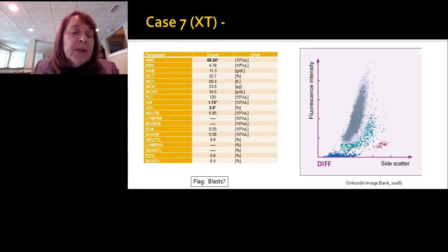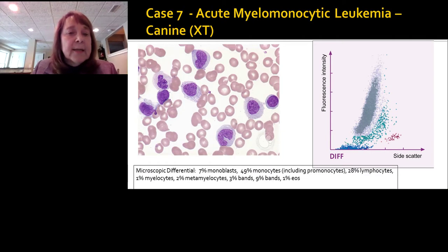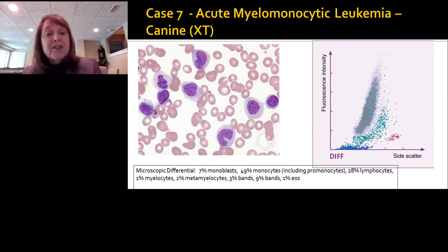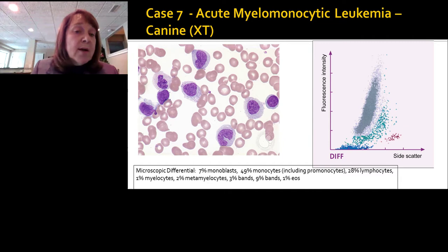And here we are. In this case, again, we have high numbers of cells, and in this differential, they saw 7% monoblasts, fairly small numbers, but significant numbers of monoblasts. But 49% monocytes, in which the person who did the differential actually classified a lot of them as promonocytes, which accounts for the size.